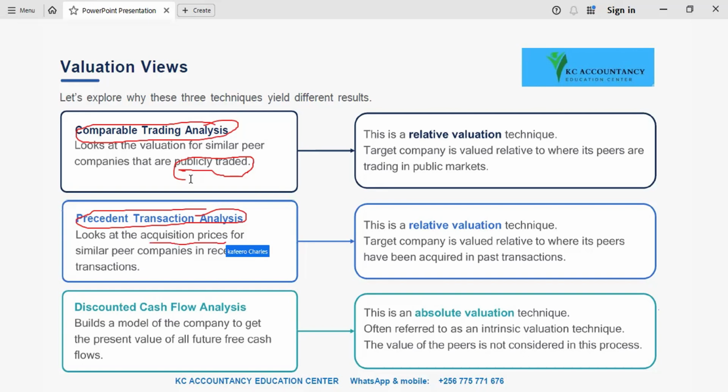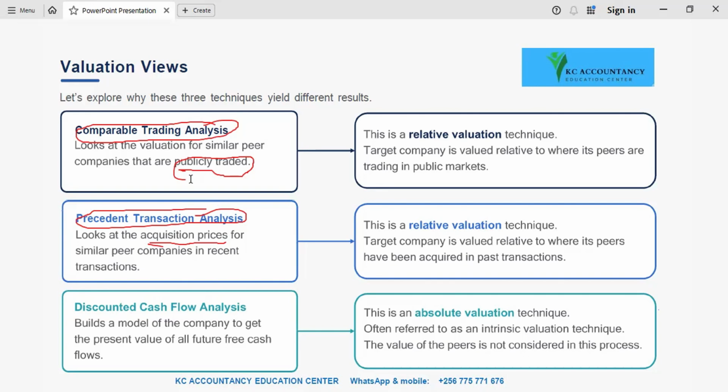In other words, you look at similar companies, maybe almost the same size, in the same line of production, and you look at the acquisition prices.